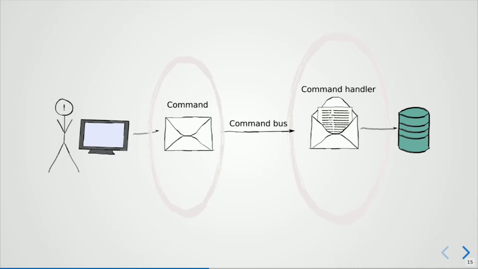So a command bus takes a command and dispatches it to a command handler. Simple. The main characteristic of a command bus is that every command that you dispatch on the command bus has to have exactly one command handler capable of handling that command. Was that hard to understand?